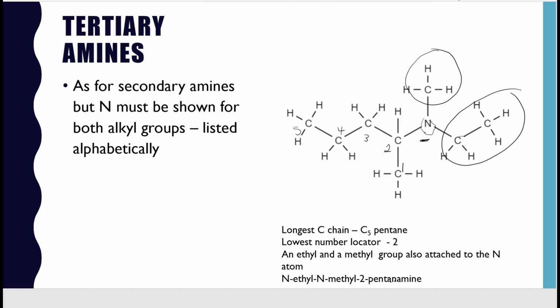You can see there that I have got it named differently. That name is likely to be accepted as well, but the preferred name is with the N-ethyl, N-methyl, pentan-2-amine.